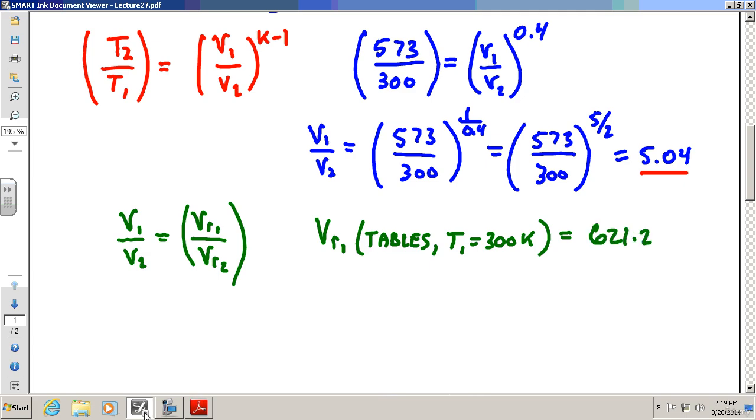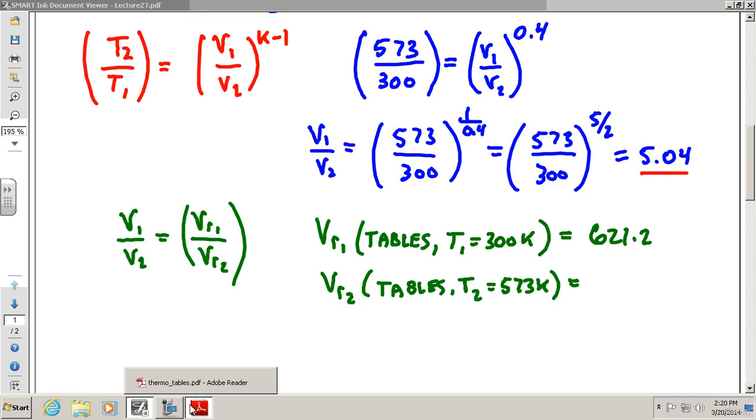There are no units. And then you've got VR2. That's also going to come from the tables at a temperature T2 of 573. That's my final temperature, 573 K. Now, this one's not exactly on the tables, of course. We really have to interpolate to get 573.